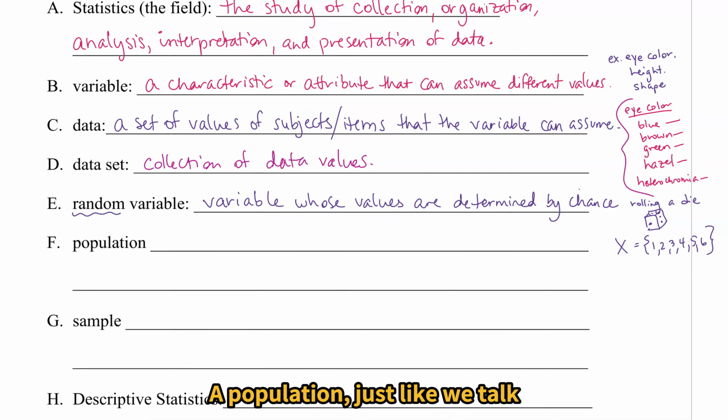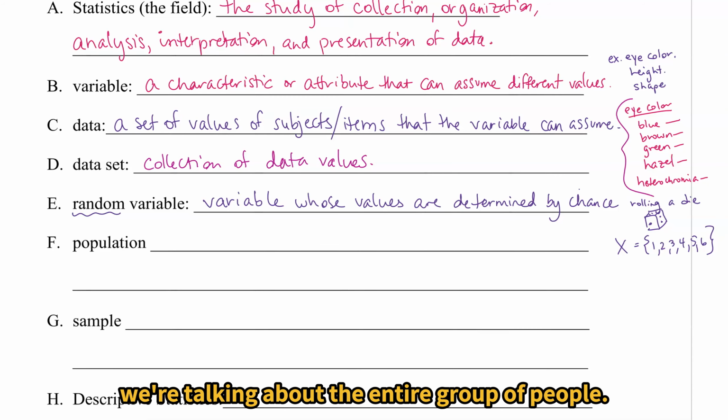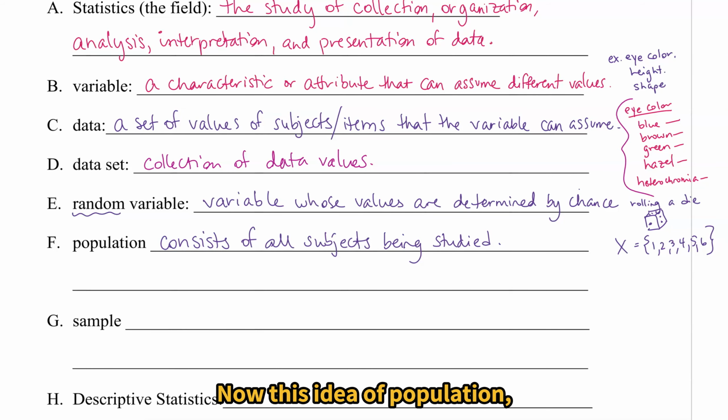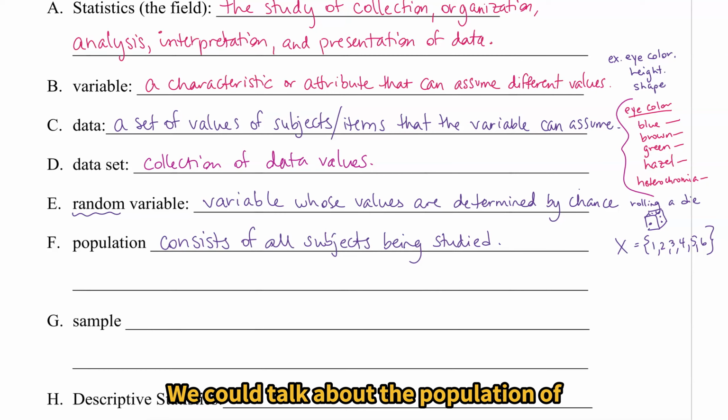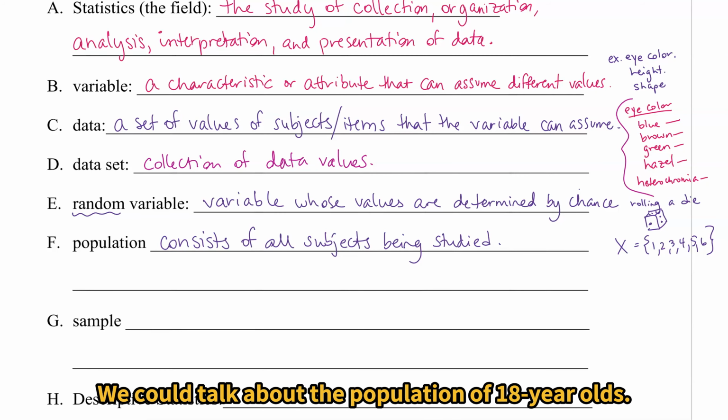A population, just like we talk about the United States population or the world population, we're talking about the entire group of people. Now, this idea of population, we can narrow it down. We could talk about the population of Las Positas college students.